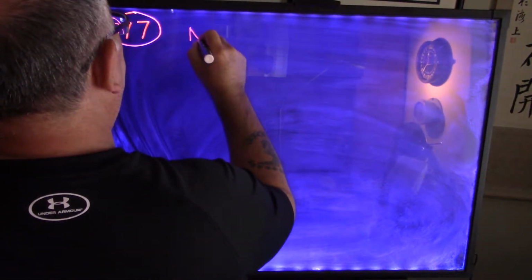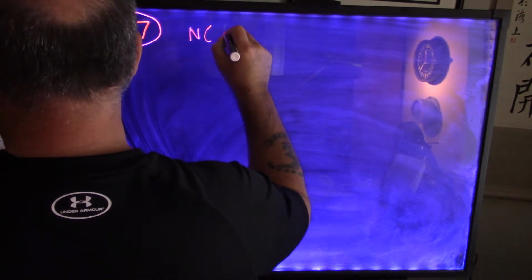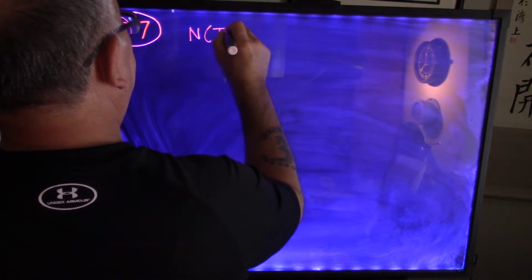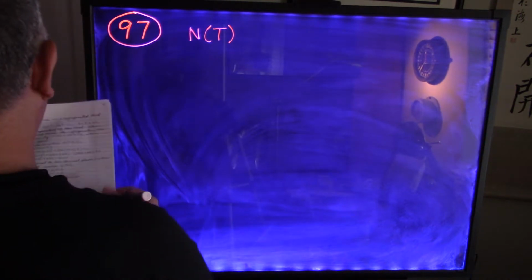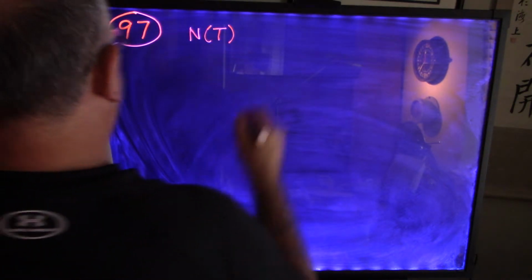Okay, let me write this down. We've got N of T, capital N of T, and that's capital T there, not lowercase t, all right?